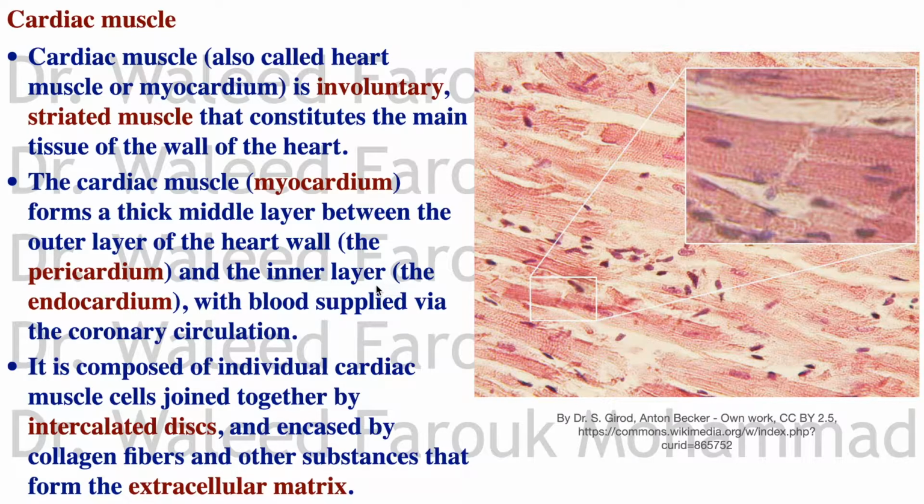The muscle itself is sandwiched between an outer layer of membrane called the pericardium and the inner lining layer of the heart chambers, which is the endocardium, and the muscle itself is called the myocardium.